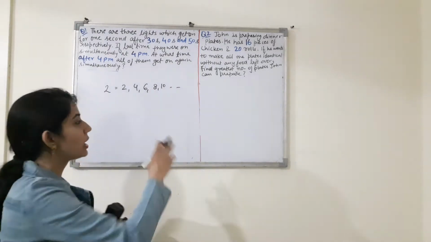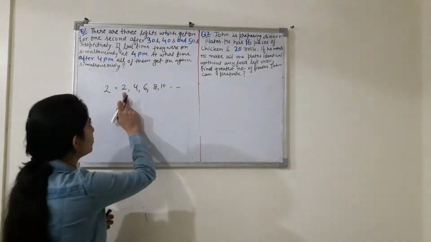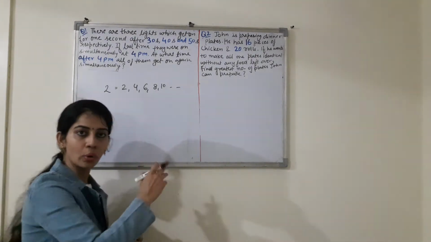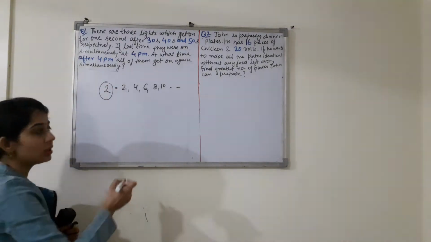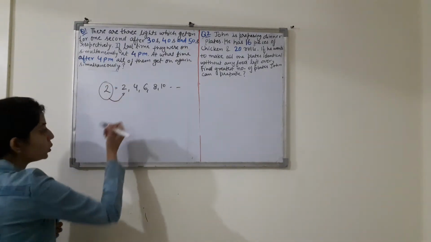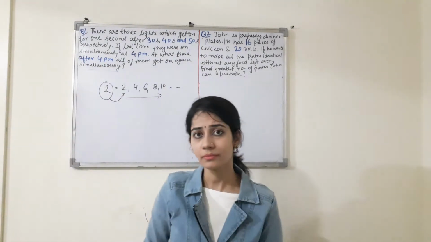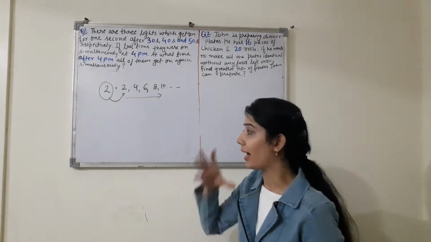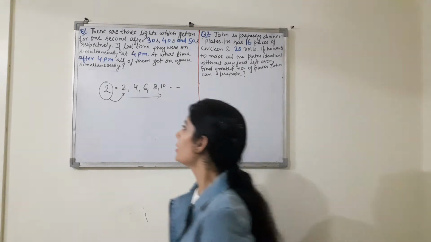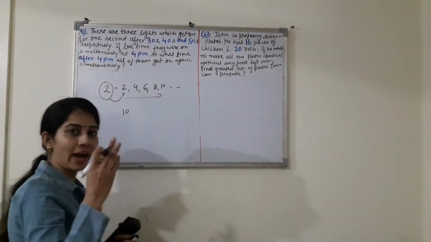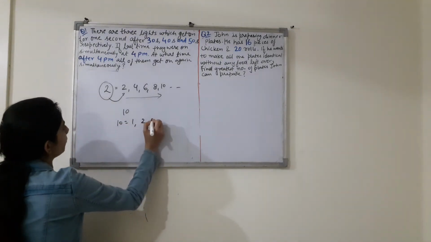What I am doing here is multiplying the given number with natural numbers, like 2 into 1, 2 into 2, 2 into 3, 2 into 4 and so on. So you can see the multiple of a given number will be equal to or more than the given number. On the other hand, the factors of any number, suppose 10, will be 1, 2, 5 and 10.